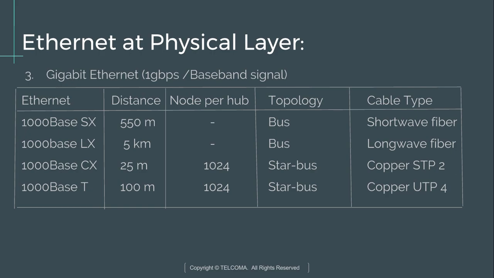The next is 1000 base CX. It transmits signals over 25 meters, and the cable type is copper STP, two pairs of cables. The next is 1000 base T. It transmits the signal 100 meters, and it uses copper unshielded twisted pair, four wires, to connect the devices in the network.